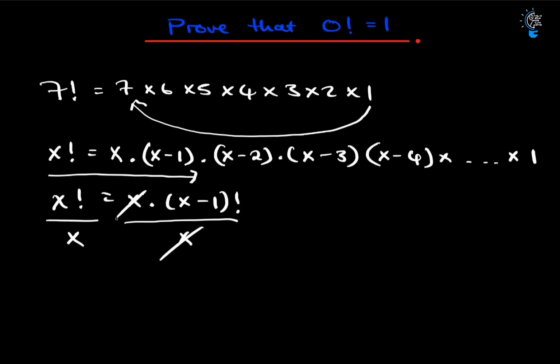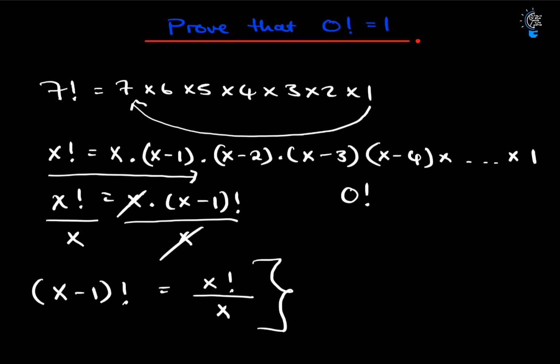We're going to remain with x minus 1 factorial is equal to x factorial divided by x. Now, we have a nice expression that we can use to prove 0 factorial.